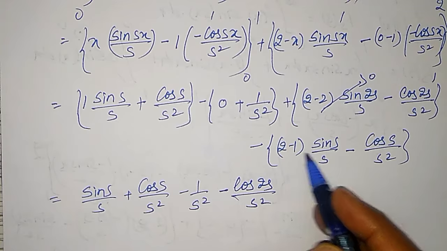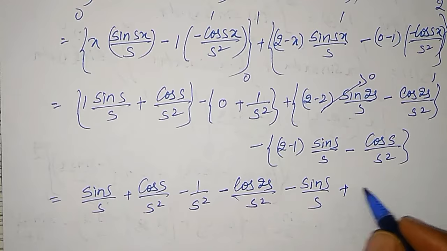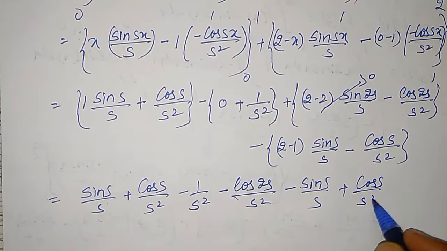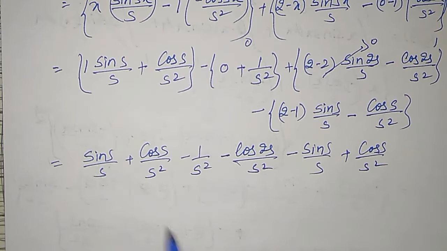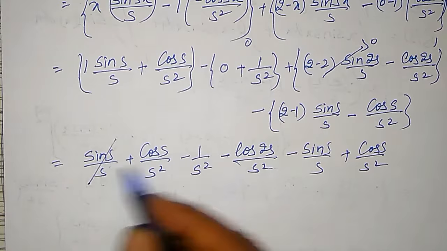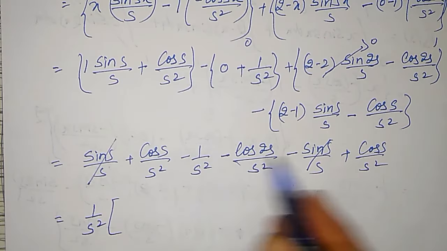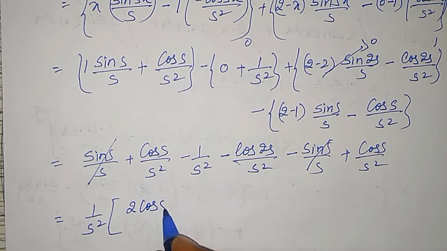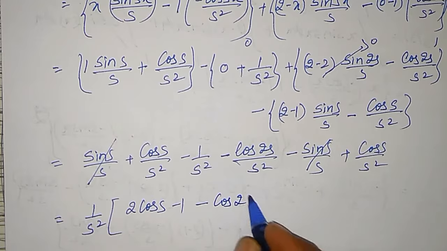Minus 1 minus sin s divided by s, minus of minus plus cos s divided by s square. Okay, now what you can do here is sin s divided by s, plus and minus, they will cancel, and from the remaining terms, I can take 1 by s square common. If I take 1 by s square common, then we will remain with 2 cos s minus 1 and minus cos of 2s.